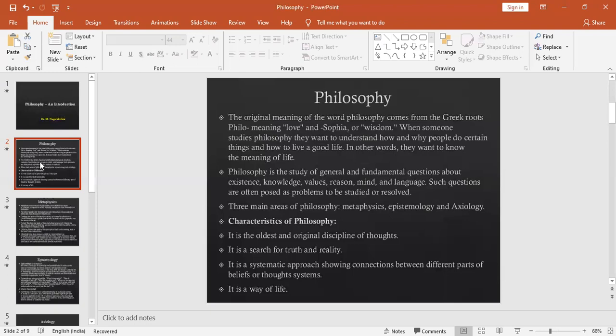We are going to see an overview of these three terms later. First, we have to understand the characteristics of philosophy.